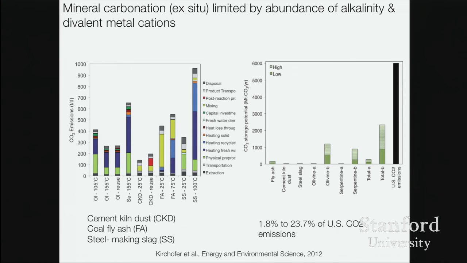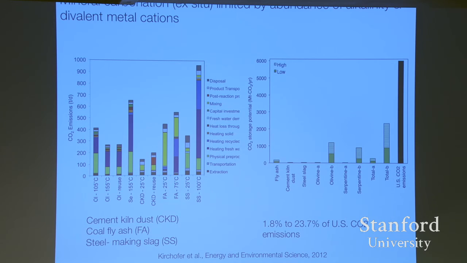We could use coal fly ash, which also has a lot of reactive components. So we could use a number of different waste streams and convert them into carbonates. And on the whole, the olivine, which is shown right here, is the most favorable in terms of, if this is for 1,000 tons sequestered, this is the loss from the industrial process.